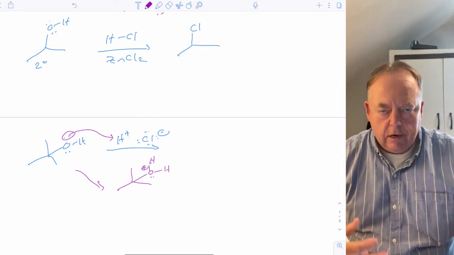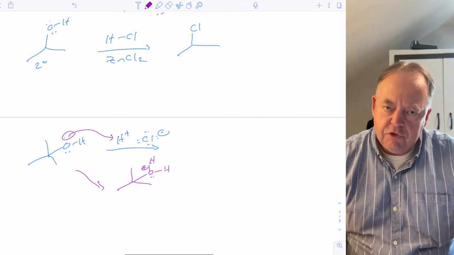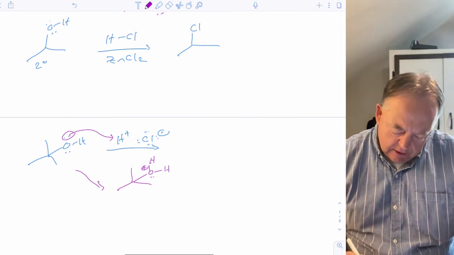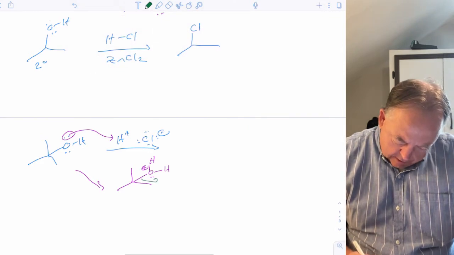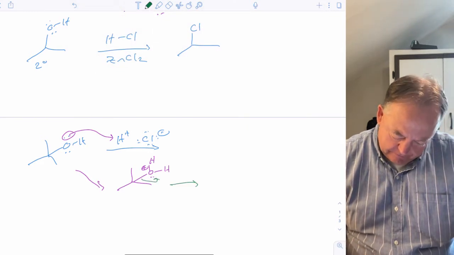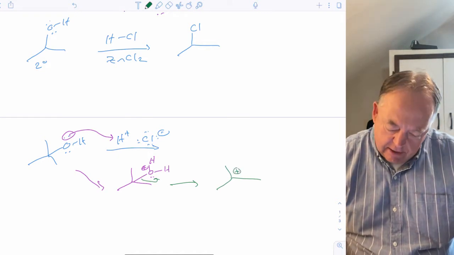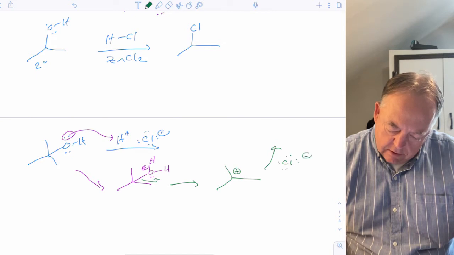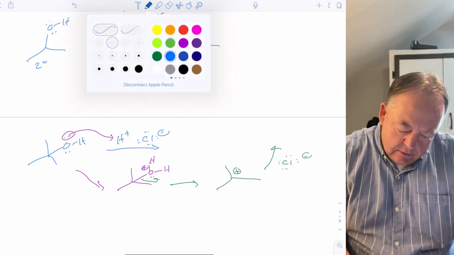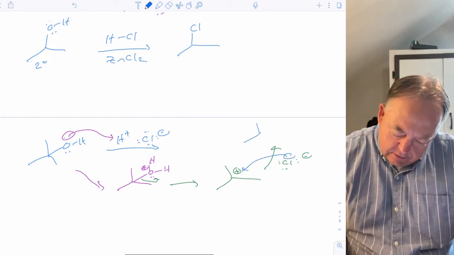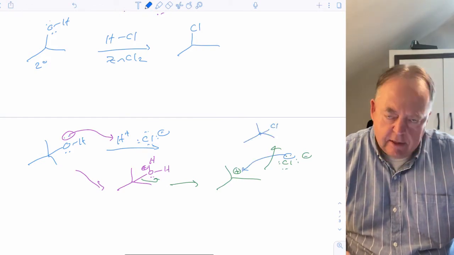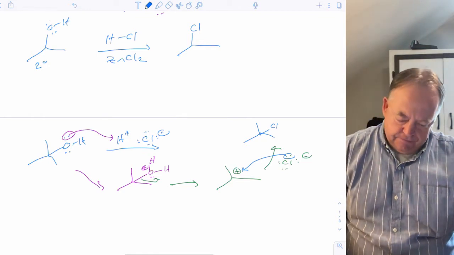And so now you converted an OH into an H2O, and H2O is a good leaving group. So now H2O can leave and take those 2 electrons with it to make a carbocation, and then the Cl minus can add. So we'll take a lone pair on chlorine, make a bond to that carbon, and now you have the product.